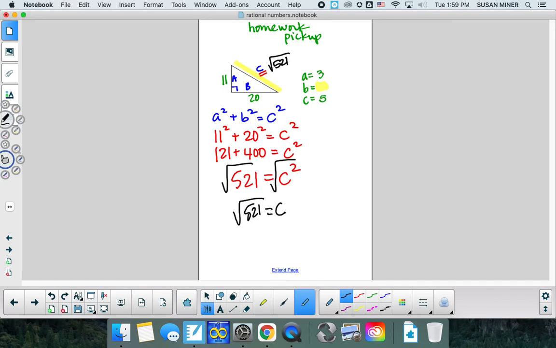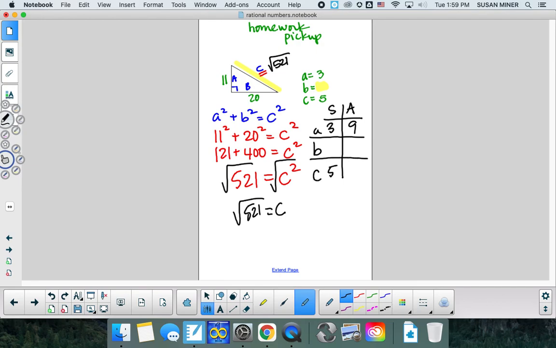Last one, let's do this one. And so if I do a chart on this, I'll do side lengths and areas. Side length of A would be 3, and so the area is 9. B, I don't know.